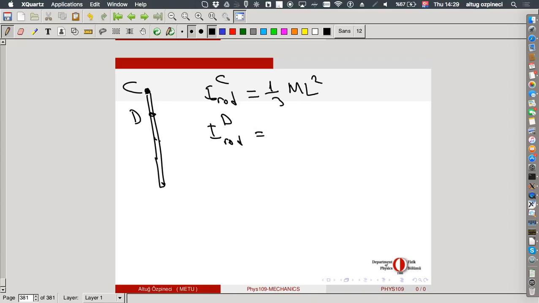This was the point A, A is the center of mass of the rod. So the moment of inertia for rotation around this point D is IA plus m times L over 4 squared. This distance is also L over 4.